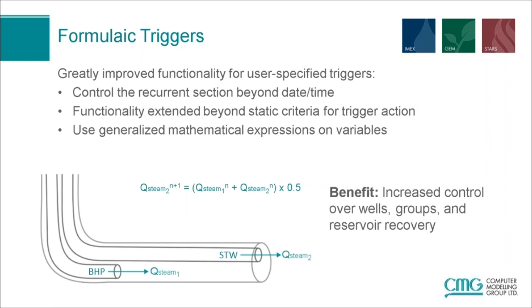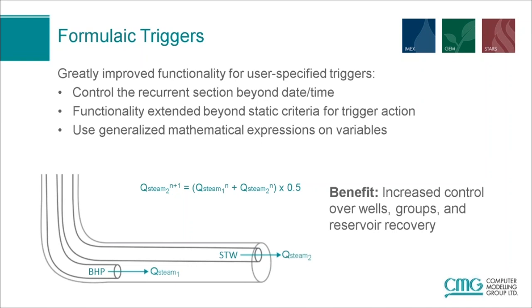For example, you may want to open an injection well once your average reservoir pressure declines below a certain value, but you may not know exactly when that value is going to go below your threshold. So instead of trying to guess when it's going to occur, you can use a trigger, and you can just say, if my reservoir pressure goes below this threshold value, then open my injection well.